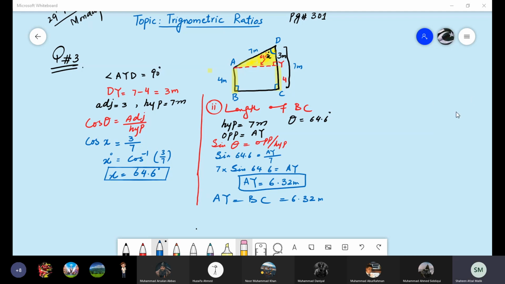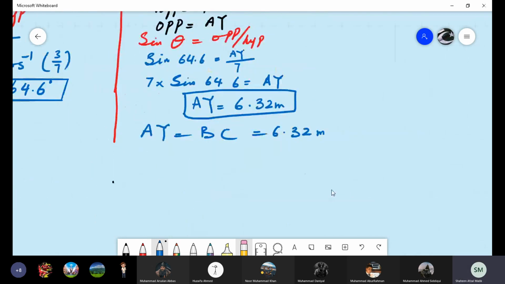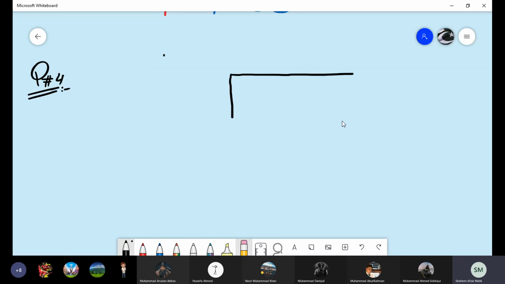Yes, boys, move to question 4. Done with the diagram of question 4? Everyone? Yes, ma'am. Okay. Go for question 4. When we are looking at question 4, there is a right angle triangle, a straight line to this side, a straight line down, and then a joining point of these two lines.